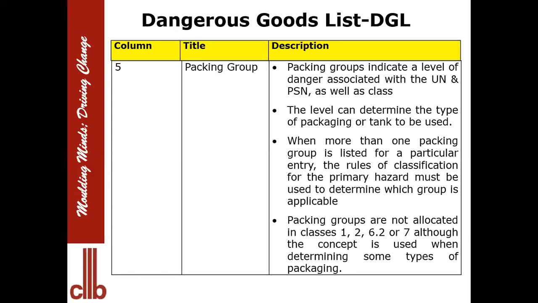There are some classes where the concept of packing group does not exist: class 1, class 2, class 6.2 and class 7, because class 1 is explosives, class 7 radioactive, class 6.2 infectious substances, and class 2 gases. So for these substances, you can't just use a drum or a bag, if this looks like a bag to you, or a box.